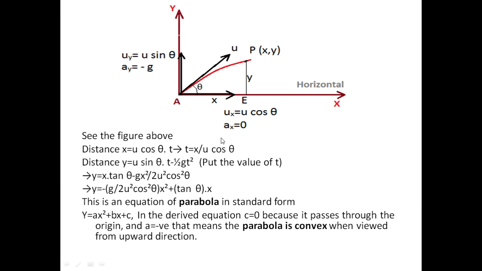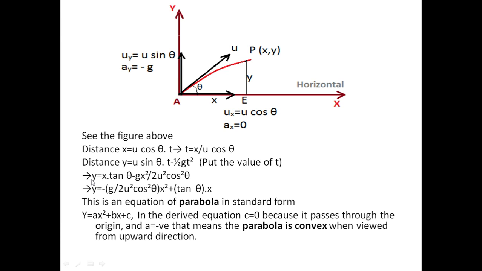See the figure above. Distance x equal to u cos theta into t. It gives t equal to x by u cos theta, and distance y equal to u sin theta into t minus half gt square by putting the value of t from here.